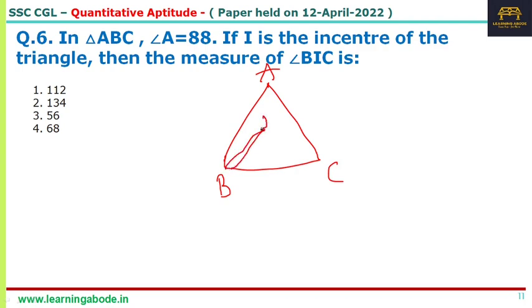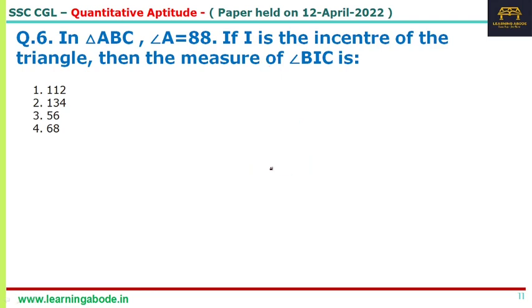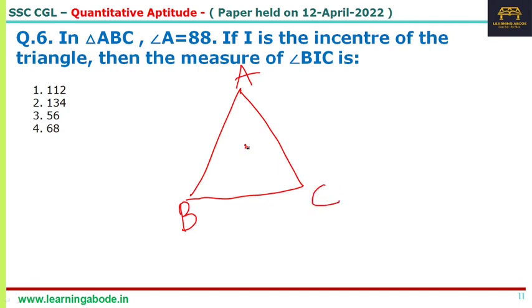So let's have A, B and C, and we have the incenter. Incenter, we know it is the meeting point of angle bisectors.